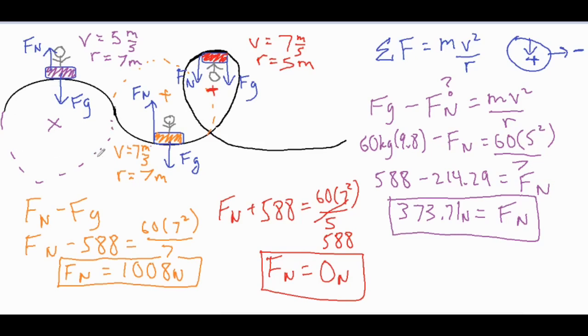And we did that with our purple dashed line, our orange dashed line, and then just looking at the loop of this actual roller coaster. And then anything that's pointing away from the center of that circle, we make that a negative force. We set that equal to m times our centripetal acceleration of v squared over r, plug in your number values, and then you can go ahead and find your normal force, which is your apparent weight. Or depending on the situation, you can obviously plug in different values to solve for different unknowns.